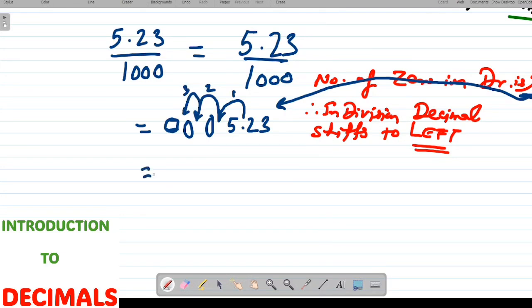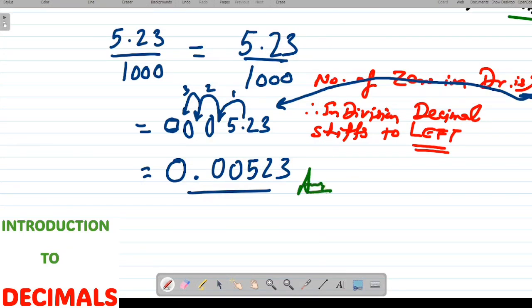So what will be the answer now? 0.00523. This is our answer. Yes.